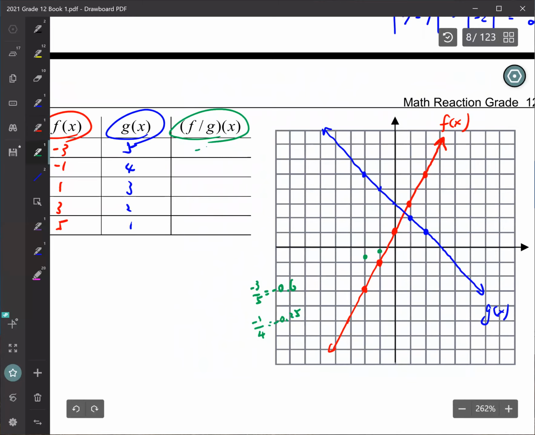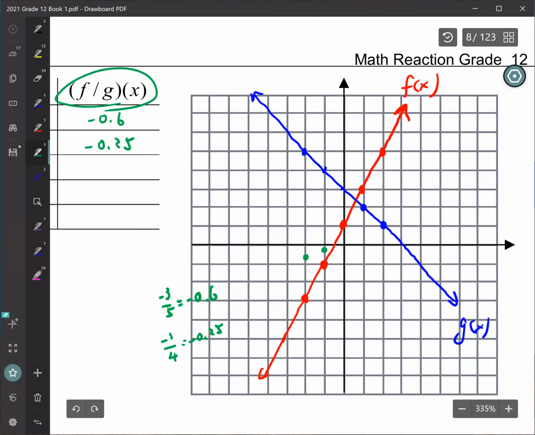So negative 0.6, negative 0.25, okay? Once you got the answer, you put it in the table. But try to use the graph to figure out a number. Get used to this way, because sometimes on the test, they don't give you the table, okay?